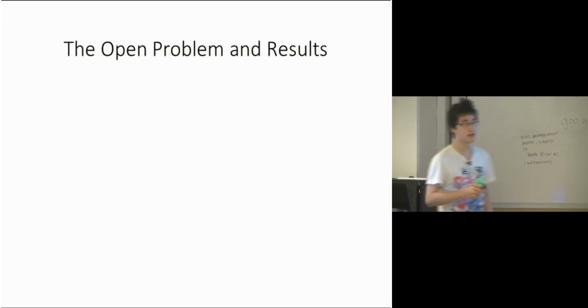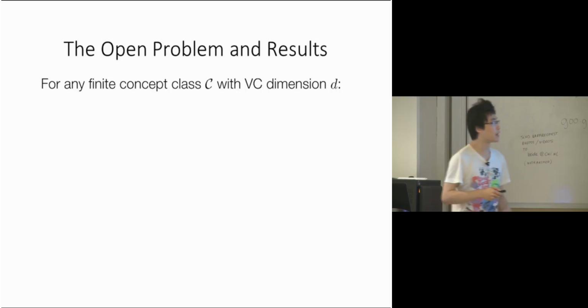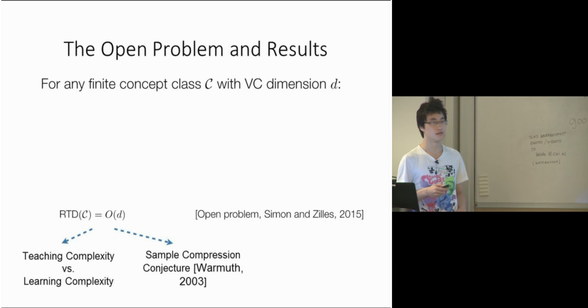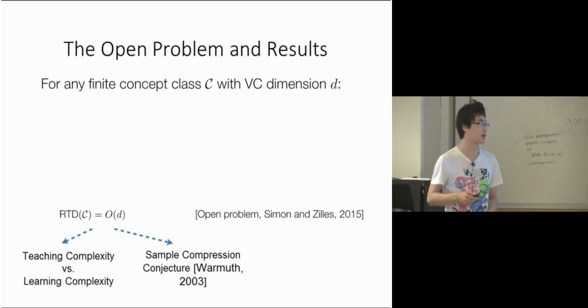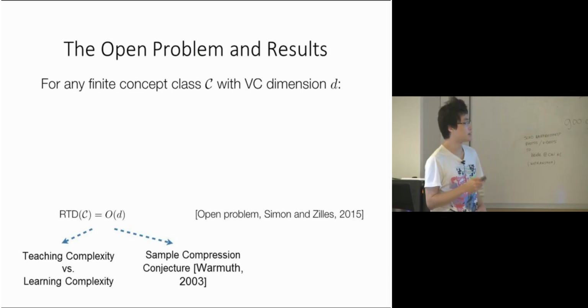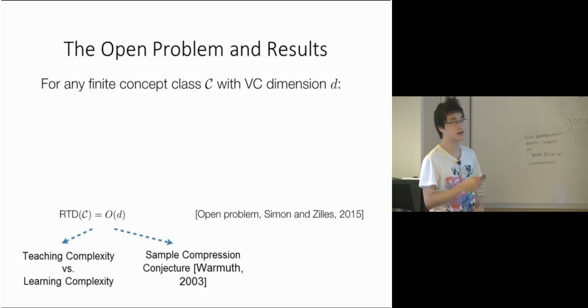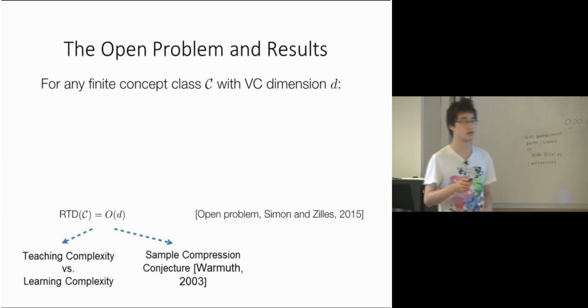In 2015, Simon and Zilles proposed an open problem conjecturing that the recursive teaching dimension of a concept class is bounded by its VC dimension linearly. Here we always discuss finite concept classes, since for general infinite concept classes, this result is not true, and actually the recursive teaching dimension can be infinity.